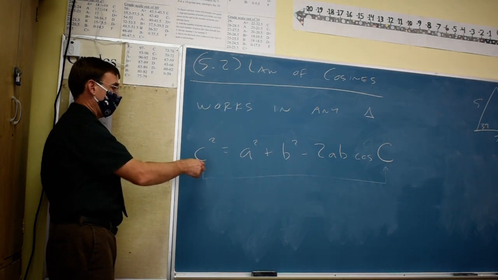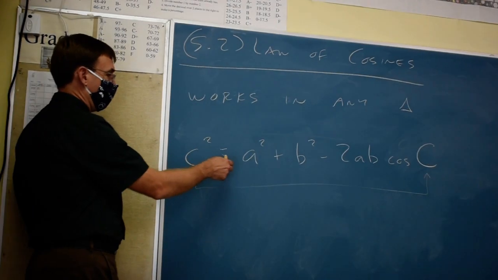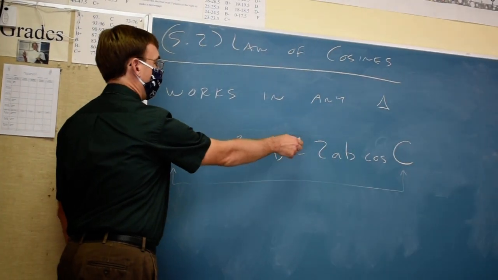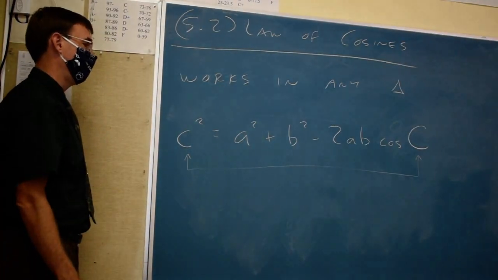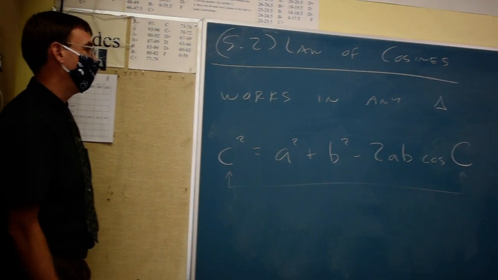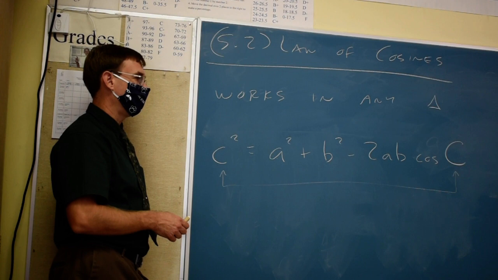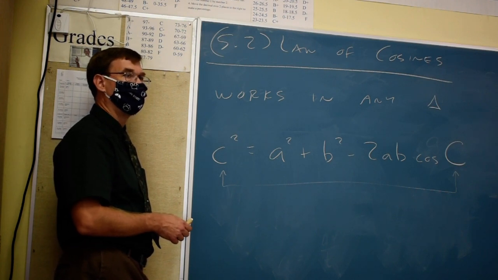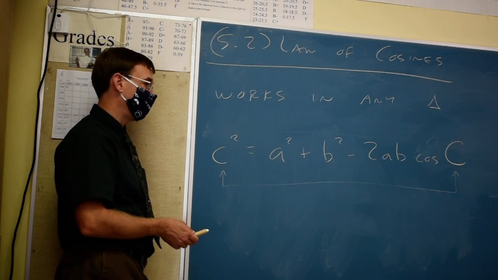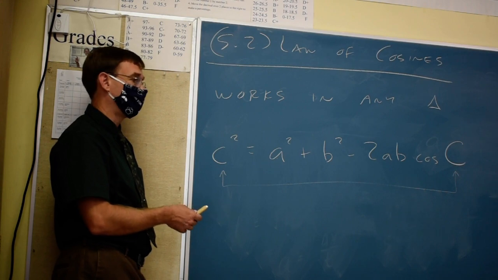But law of cosines is this. It's c squared equals a squared plus b squared minus 2ab cosine C. The last C is a big capital C. What was that punctuation style about from yesterday? What were the big letters for? Angles. What were the little letters for? Sides.